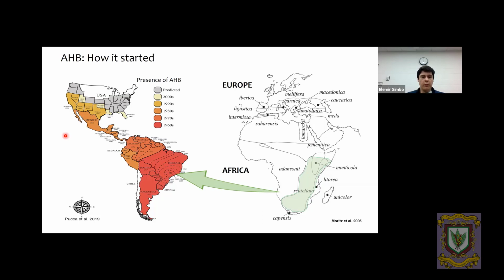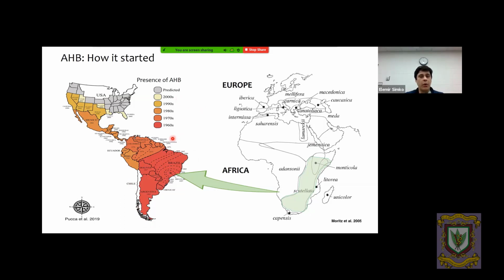Accidentally, a few swarms escaped, and they started mating with the European bees that were already there. The product of this mating was really adapted to the region, so they spread really quickly. In less than 10 years, they took over Brazil and Argentina.